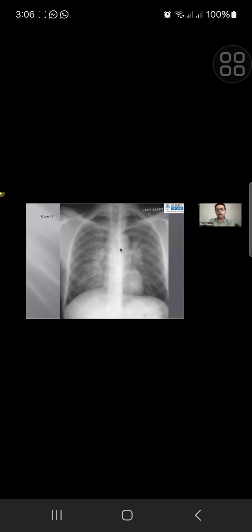So this is actually bilateral hilar enlargement and bilateral reticulonodular opacities with interlobular septal thickening, and nodular shadowing. So could this be just...? But it doesn't go typically with any fibrotic lung changes. No. It doesn't go with HP.